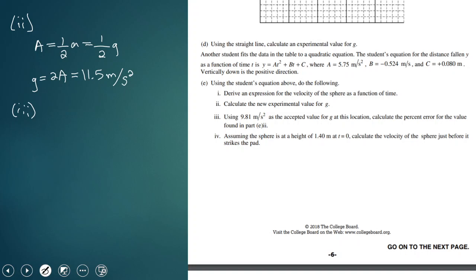One of the things is that people often forget the percent error formula, so keep in mind that percent error is equal to the absolute value of the actual minus the experimental, so actual being the theoretical value, and then divided by the actual.